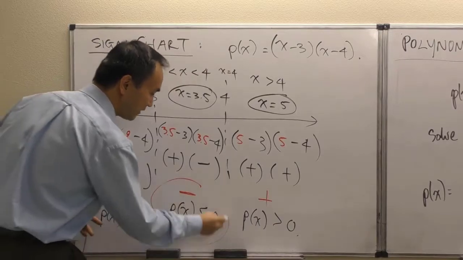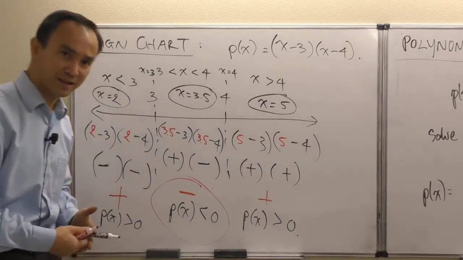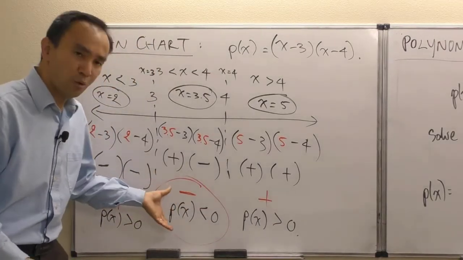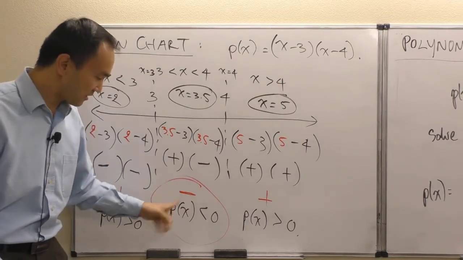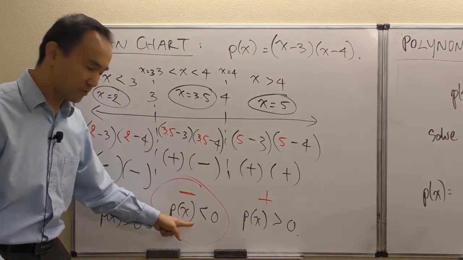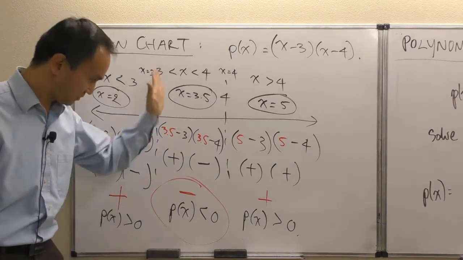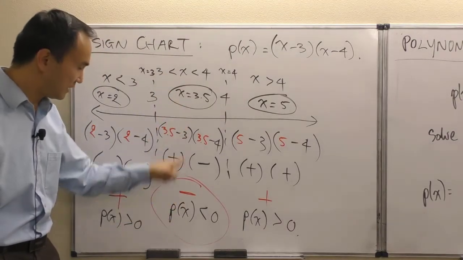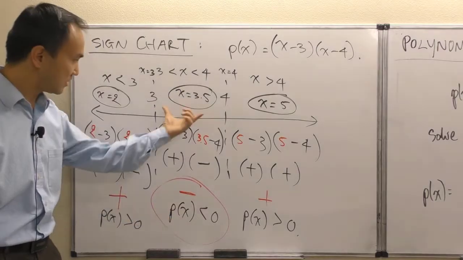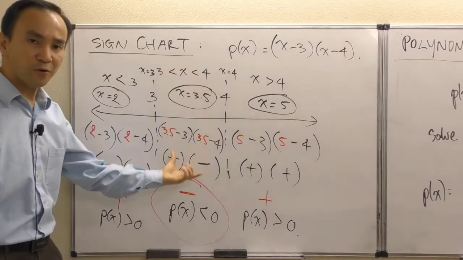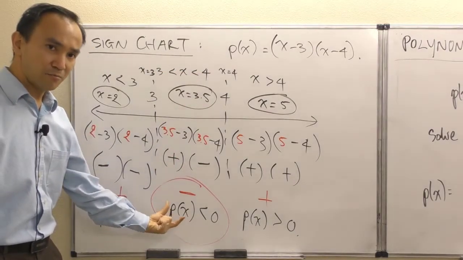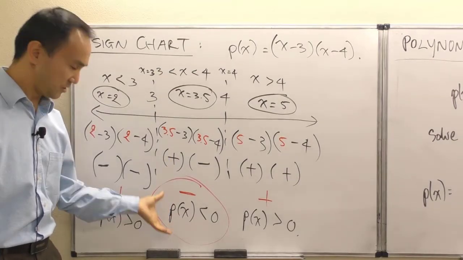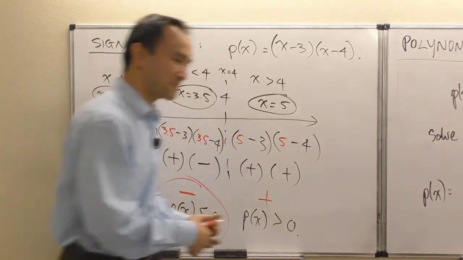This is the interval that satisfies our question, our required work. We wanted p of x being less than 0. So where did we find that? The table lays it all out in detail. The only interval where p of x is less than 0 is this interval between 3 and 4. That's why. So completely without the graph, using the table, I found the answer.